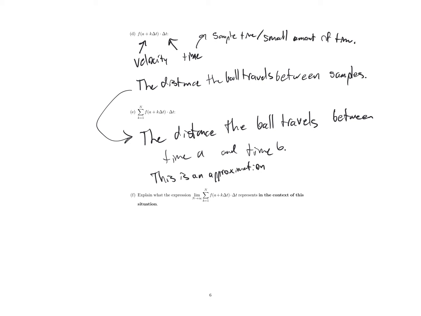And what we really should have said in part D, this isn't the distance the ball travels between samples. It's not exactly that. It's the distance that it would travel if the ball had constant speed between rectangles.